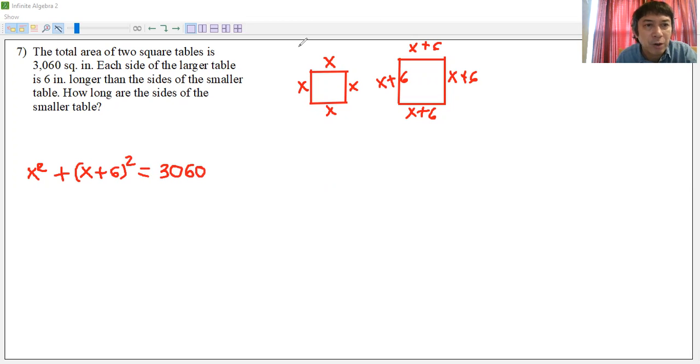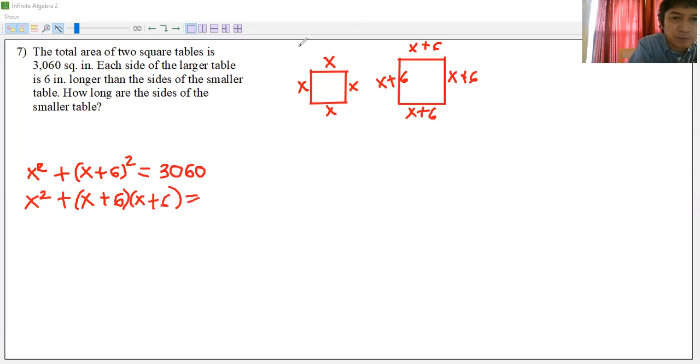All right, here's our working equation. The question is, how long are the sides of the smaller table? So we're looking for x here, okay? We're looking for the x, the smaller table. All right, so here's our working equation at the left side. So we shall simplify the equation and find x. So to continue, this will be x squared. This will now be x plus 6 times x plus 6, okay? Like that.